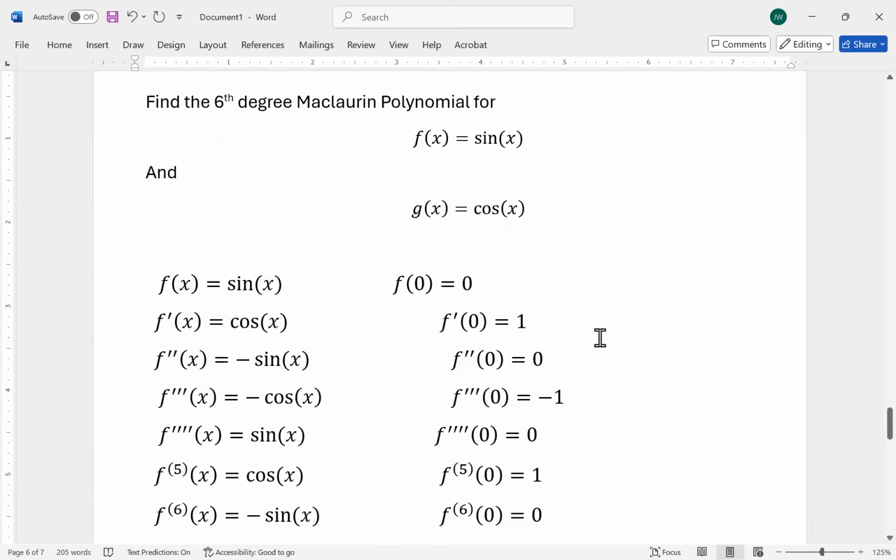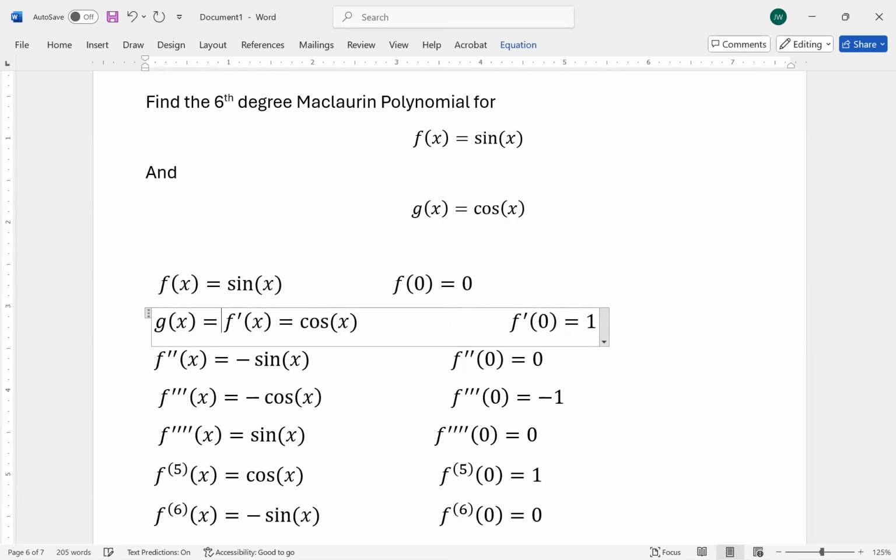Now here's why I wanted to do sine and cosine at the same time. Notice that f prime is actually just g of x. And then my first derivative would be the second derivative of cosine.